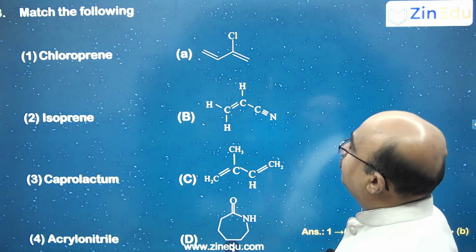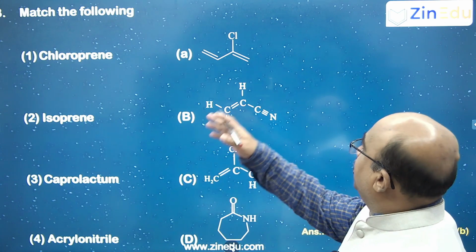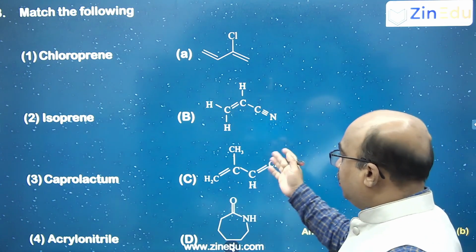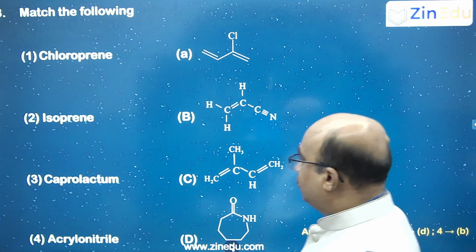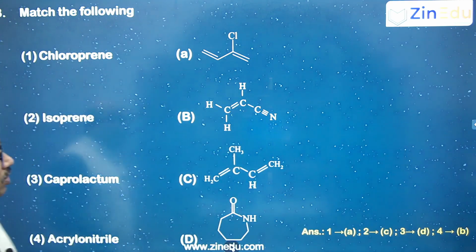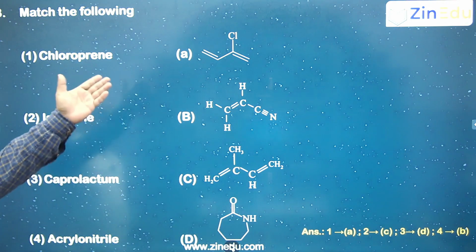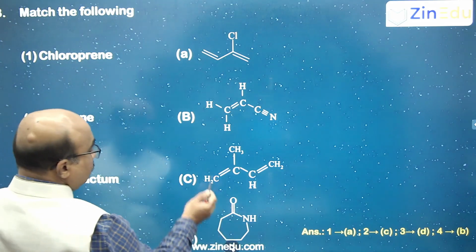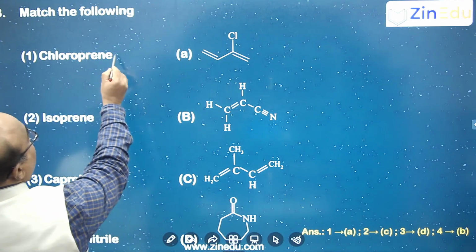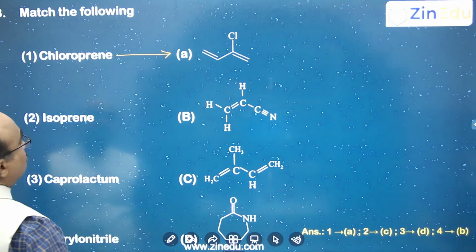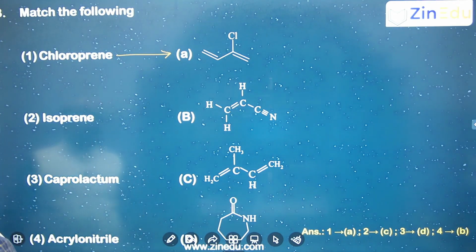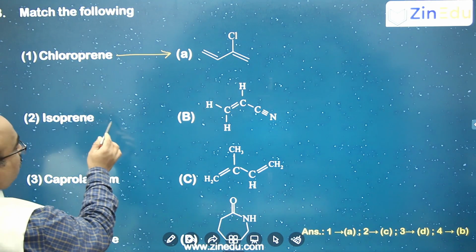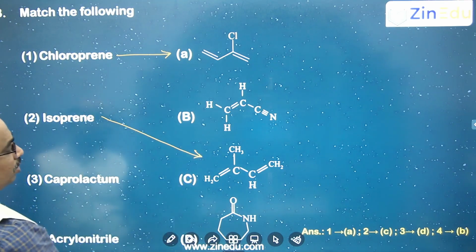Match the following: chloroprene, isoprene, caprolactam, and all this. If you see the chloroprene, that is one. Isoprene is nothing but this, which will be used in the polymerization process.